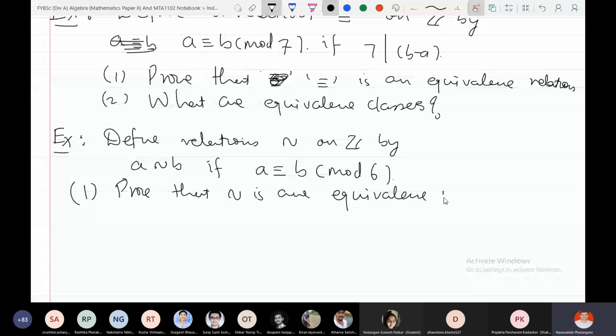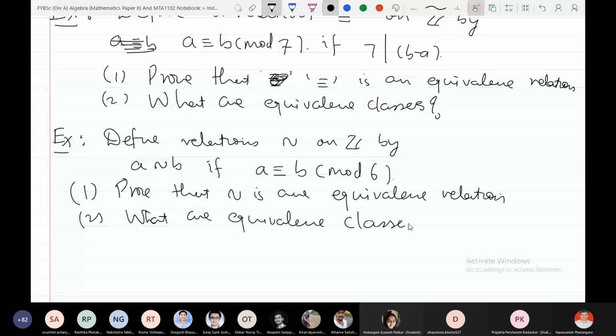So what are the equivalence classes? Is the question clear?